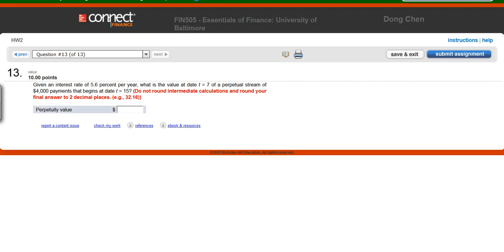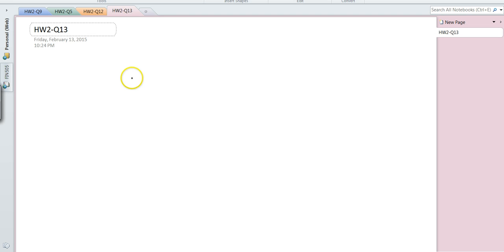So here I want to use question number 3 in homework 2 as an example to show you some probably common mistakes when you solve the questions on perpetuity. In class we haven't talked about the formula yet, but we will talk about the formula for perpetuity.